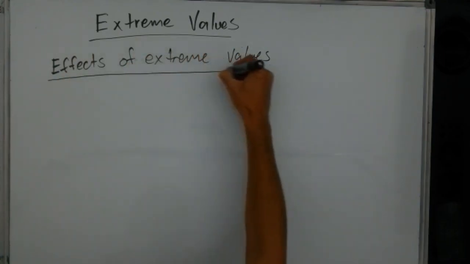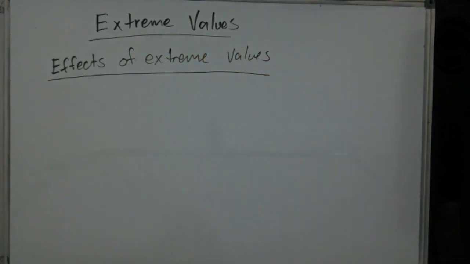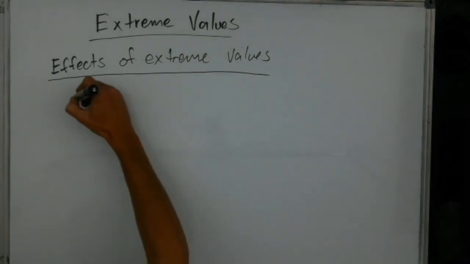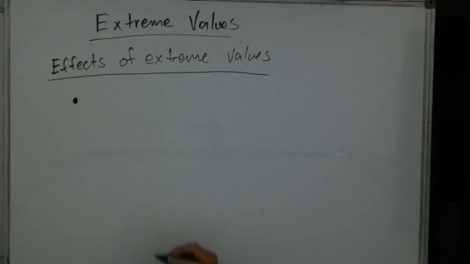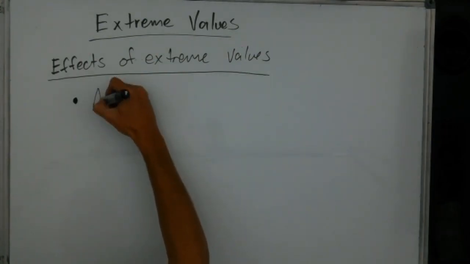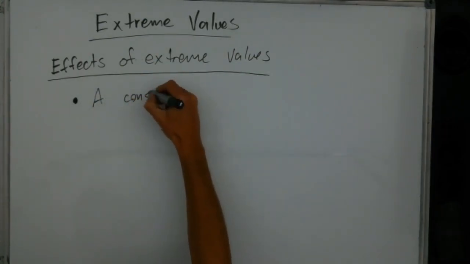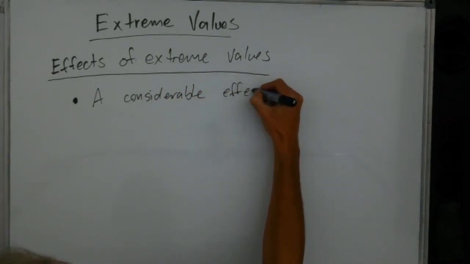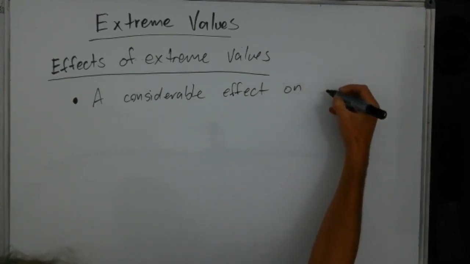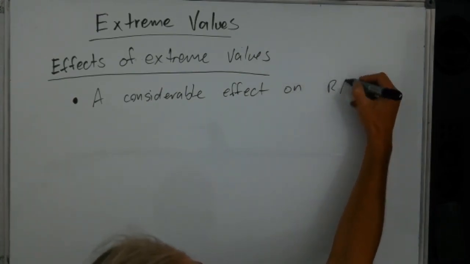Of all our statistics that we can calculate, some will vary wildly, some won't change very much. So if we do have an outlier or extreme value in our data set, it can have a considerable effect on the range.